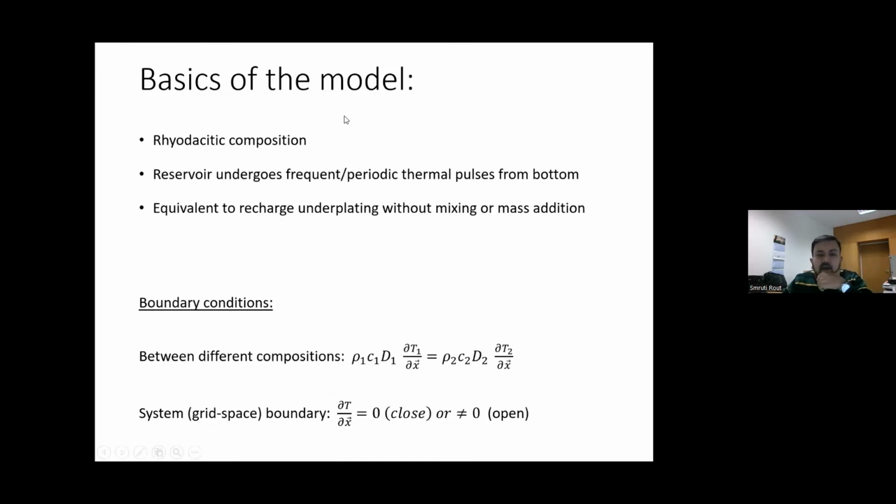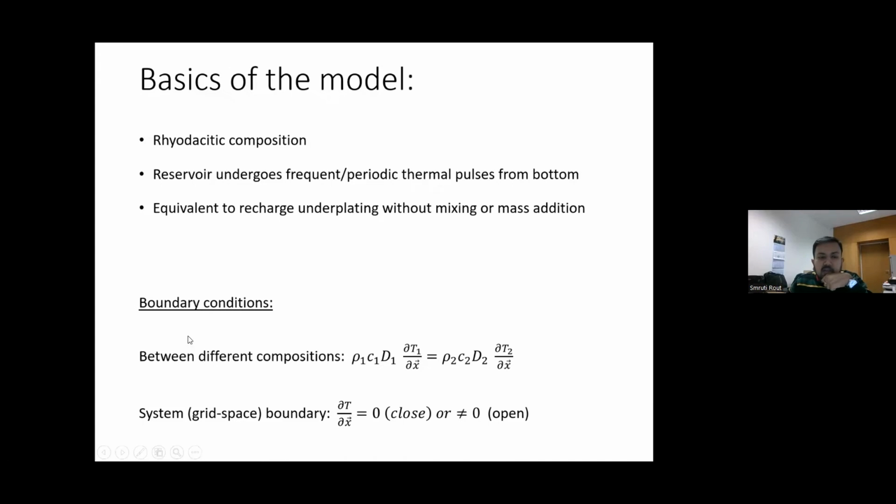And then for the magma, we use rhyodacite composition, and the reservoir undergoes frequent or periodic thermal pulses from underneath, which is equivalent to a recharge underplating and then supplying just heat without any mass addition.